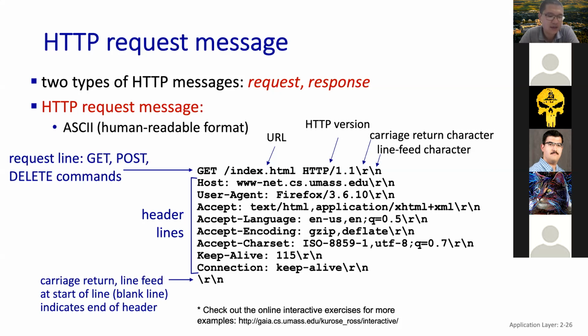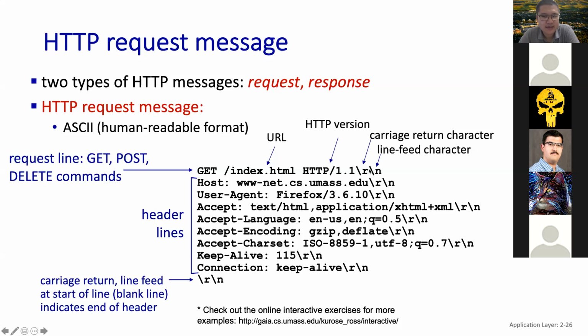GET is the simplest command here, and after GET you add a URL, which here is index.html. Next is the HTTP version, as we mentioned, HTTP/1.1, followed by a carriage return and line feed character.